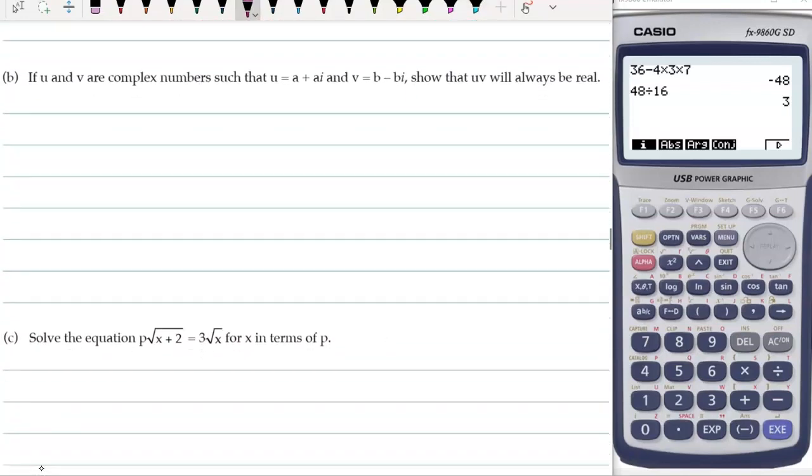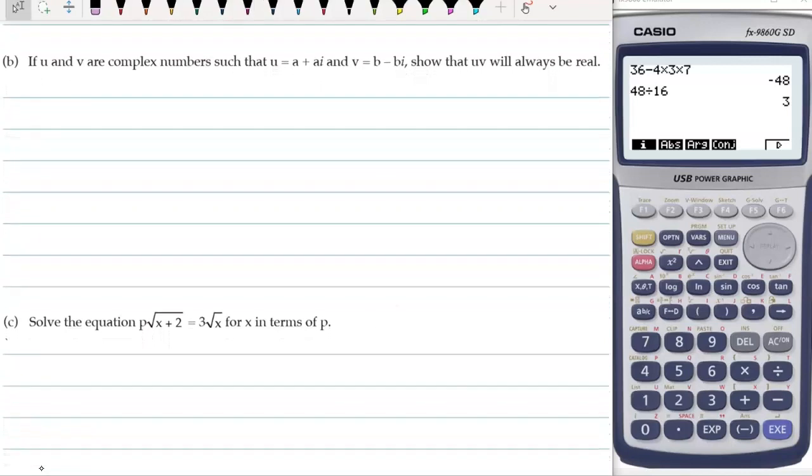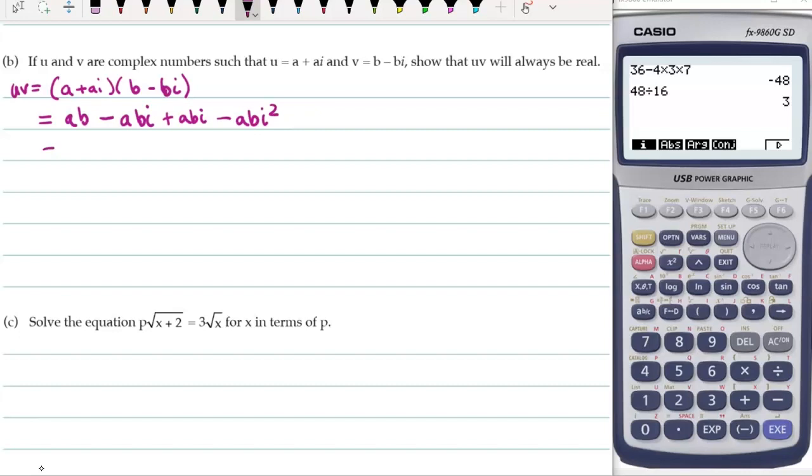Okay, part B, we've got u and v are complex numbers as shown here. Show that uv will always be real, so we need to do uv. So a plus ai times b minus bi, and then expand it. So we get ab minus abi plus abi minus abi squared.